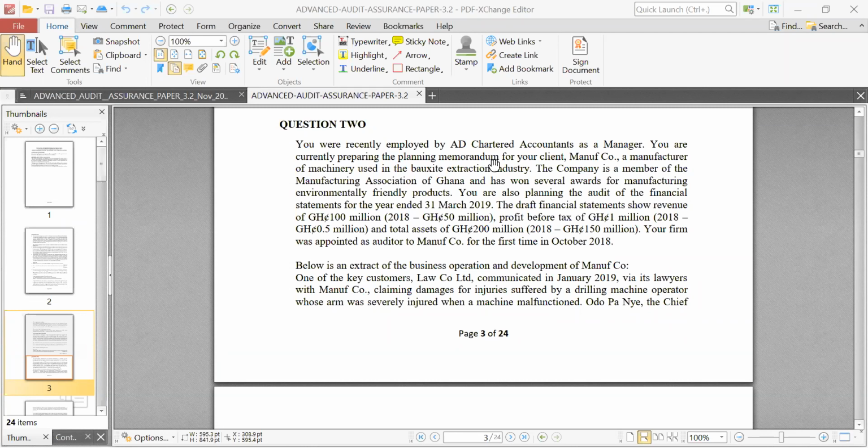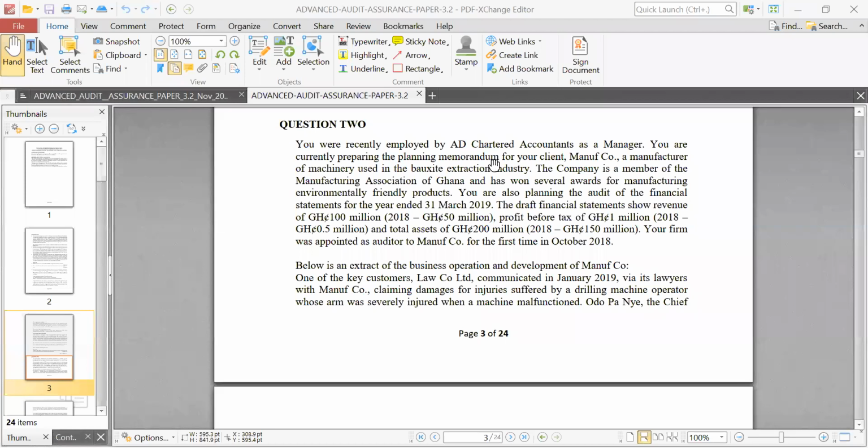So let's move to question 2. You were recently employed by AD Chartered Accountants as a manager. You are currently preparing the planning memorandum for your client, Manufco, a manufacturer of machinery used in the bauxite extraction industry. The company is a member of the Manufacturing Association of Ghana and has won several awards for manufacturing environmentally friendly products.